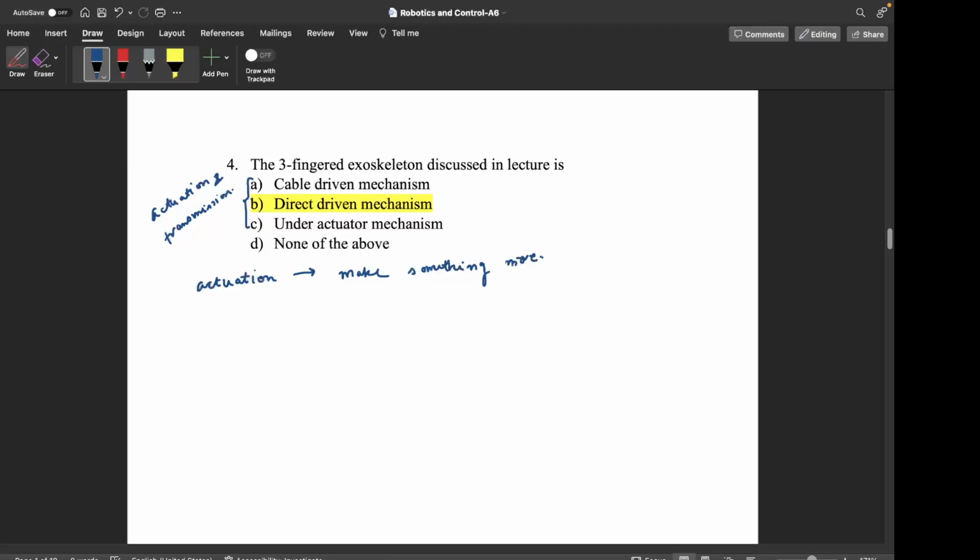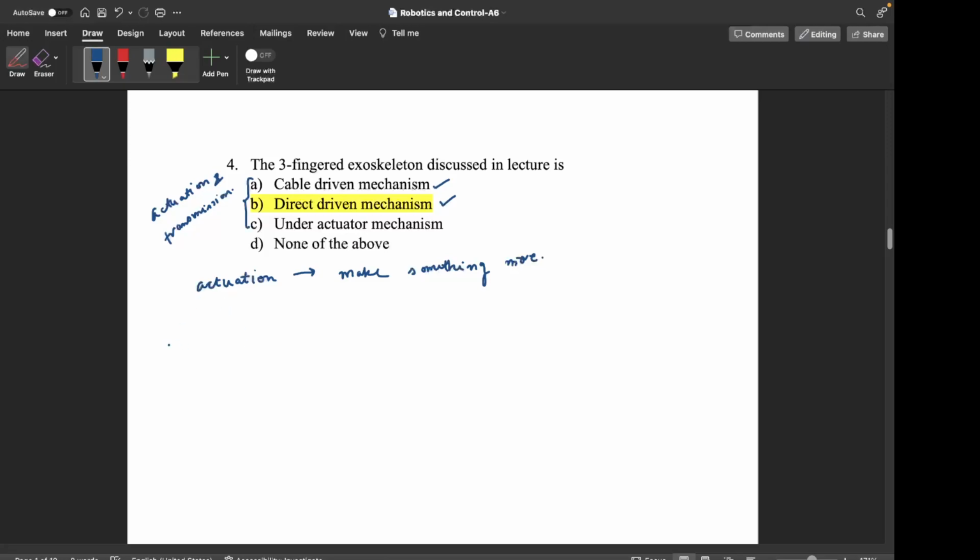But here we are talking about a three-fingered exoskeleton, and you see two mechanisms that are quite popular in robotics: a cable-driven mechanism and a direct-driven mechanism. So let's see what both of these are, right?